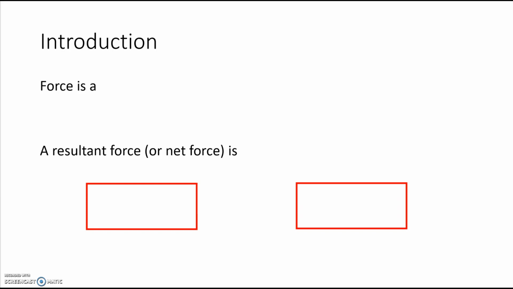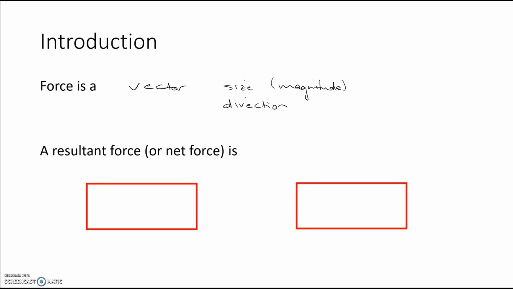So, a force is a fundamental concept in all areas of physics, and a force is a vector, which means that it's got size and direction. And I remember before, when we've looked at these, we've used the word magnitude and we look at direction.